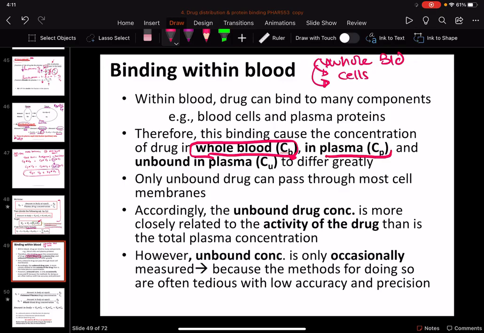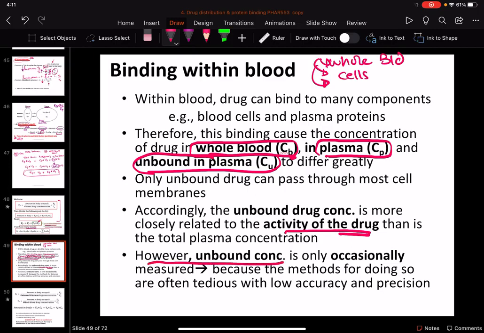And the plasma would be C in the plasma, unbound or free would be CU or CF, okay? We know that the unbound or free drug concentration is the one that would distribute and also the one that would cause the activity, okay? The measured also, okay?